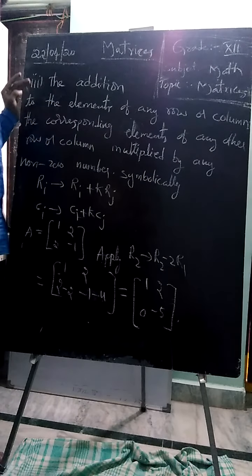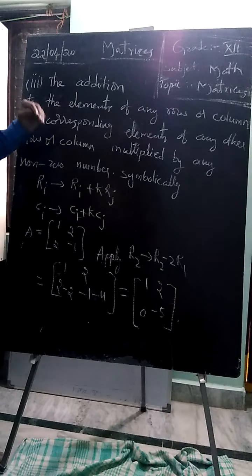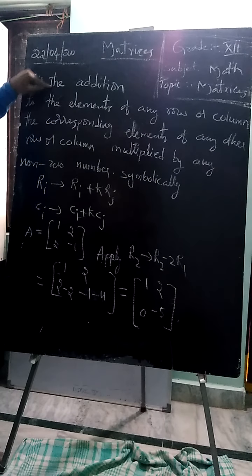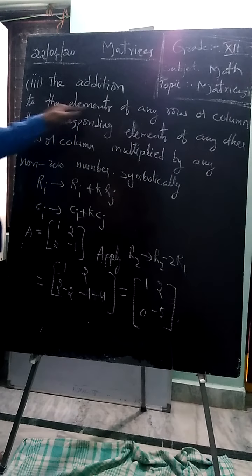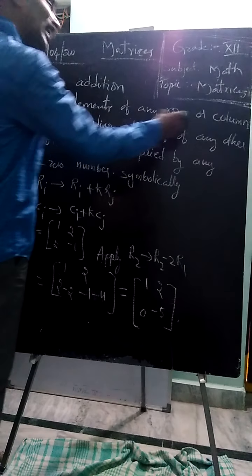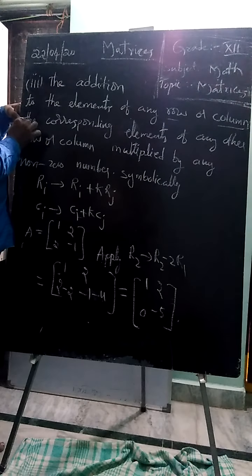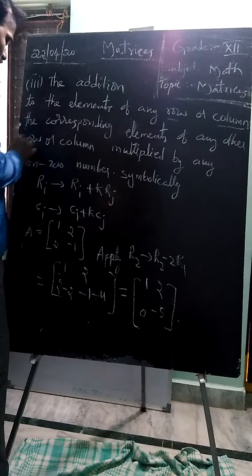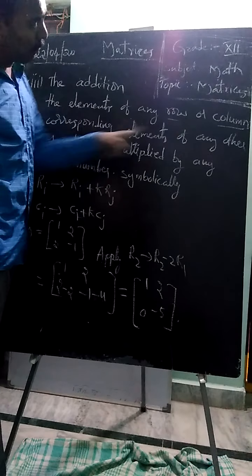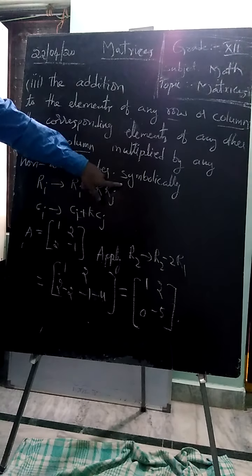Now the third elementary operation, students, listen carefully. You can refer to the textbook also, the e-textbook. The addition to the elements of any row or column, the corresponding elements of any other row or column multiplied by any non-zero number.